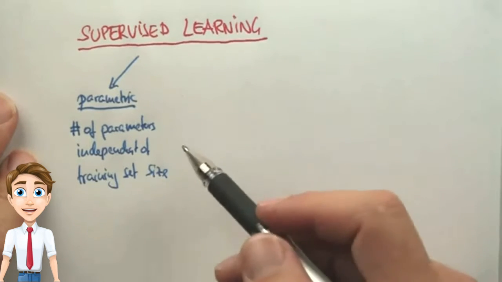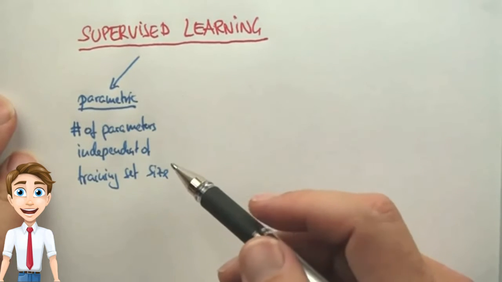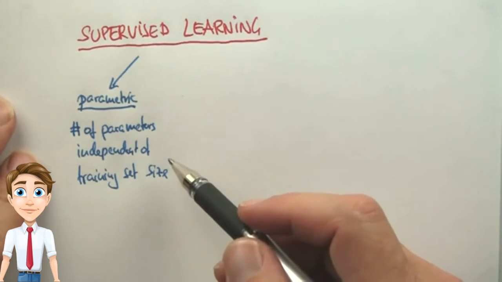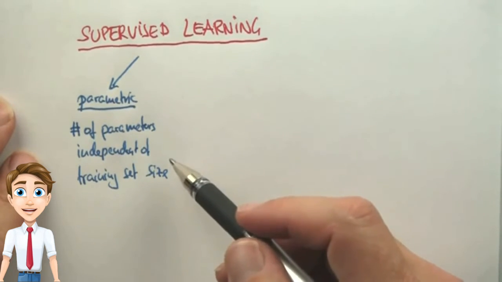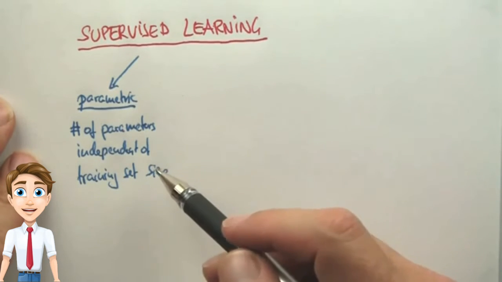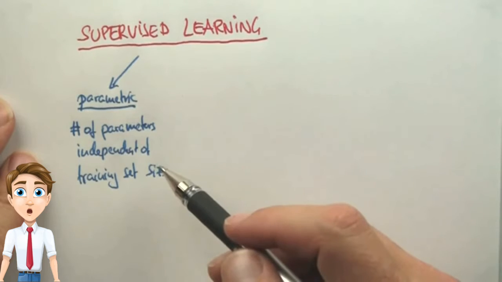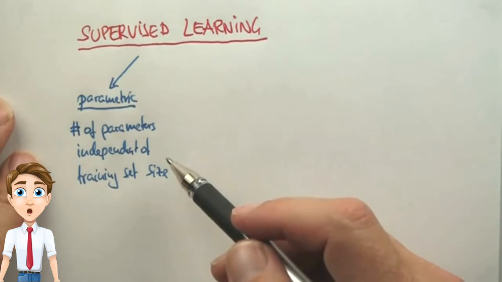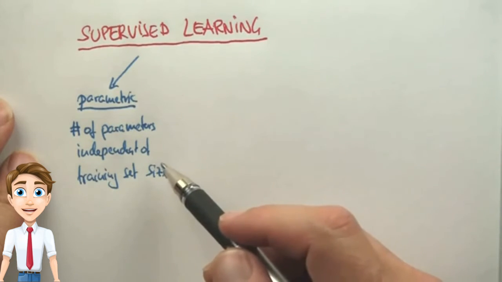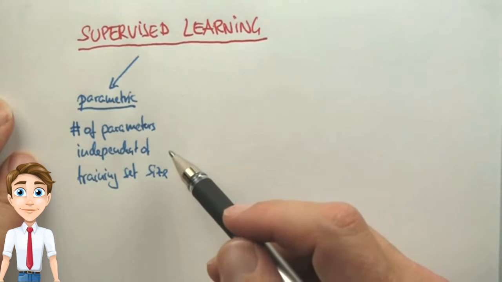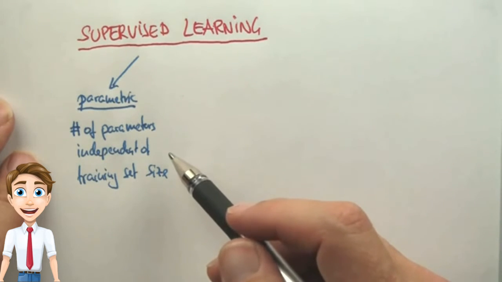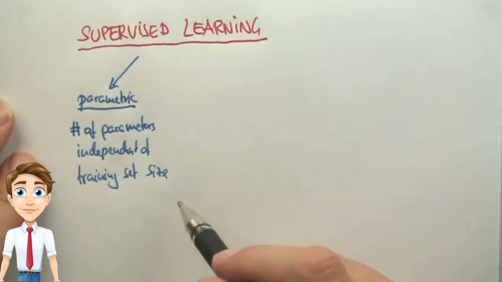So for example, in naive Bayes, if we bring in more data, the number of conditional probabilities will stay the same. Well, that wasn't technically always the case. Our vocabulary might increase, and as such the number of parameters. But for any fixed dictionary, the number of parameters is truly independent of the training set size.